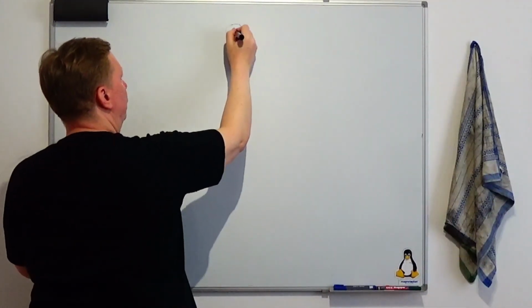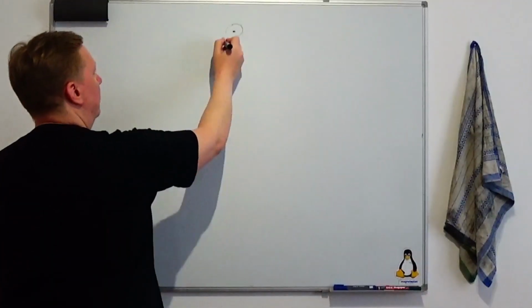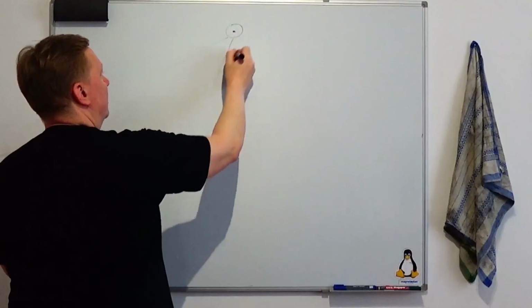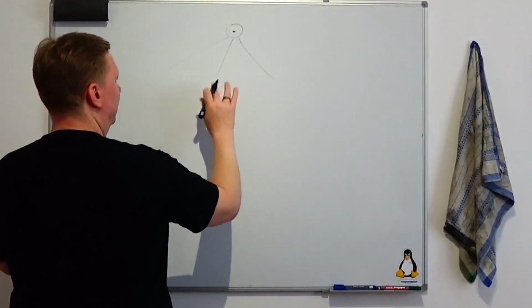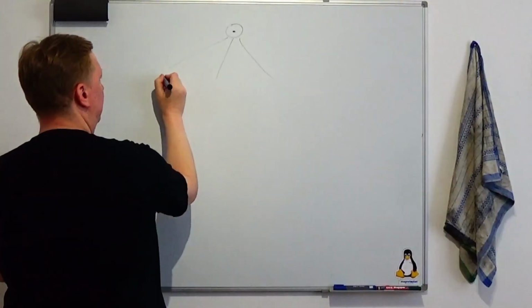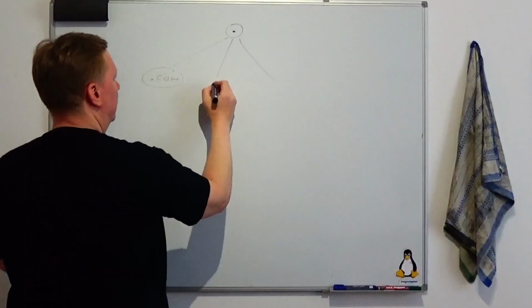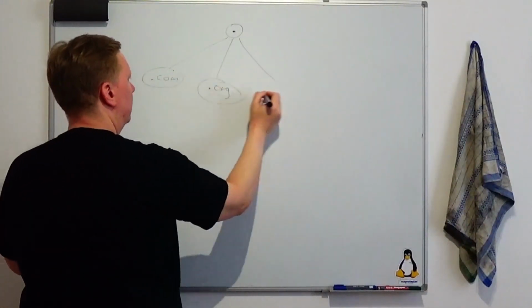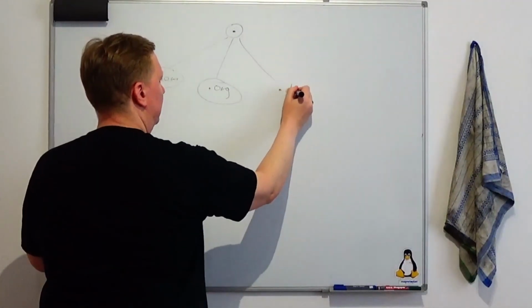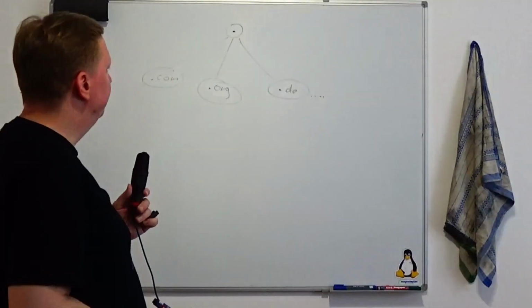You have this root zone dot, and then below that you get this tree-like structure with the top-level domains like .com or .org or .de and all these other top-level domains.